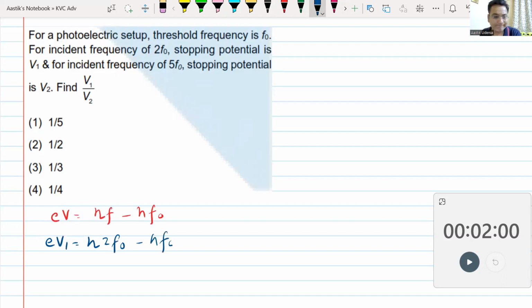Yes or no? In the second case, I can write EV2 is equal to H into 5F naught minus H into F naught. From here, you should be able to find out the ratio between V1 and V2, and the ratio is coming as 1 by 4. Everyone understands this? Yes, sir.